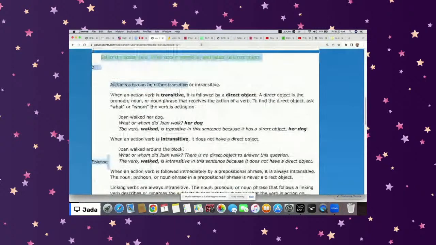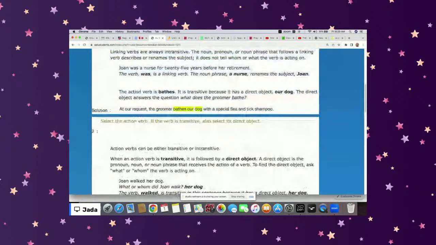Let's see. The action verb is bathed. It is transitive because it has a direct object, our dog. Okay. So here is a question. At our request, the groomer bathed our dog, who was highlighted with a special flea and tick shampoo. So what is the direct object here? What or whom are they bathing?